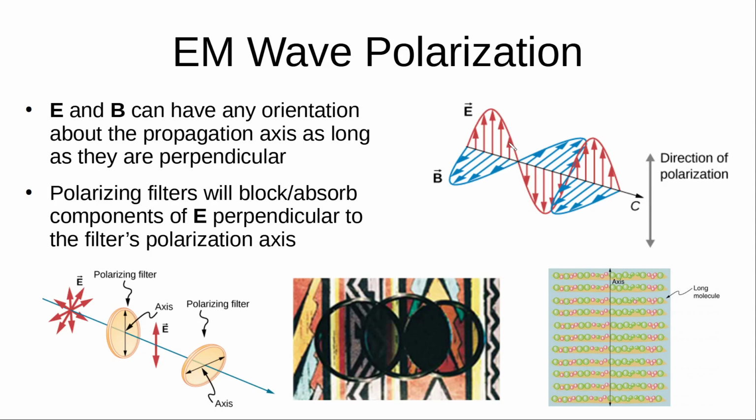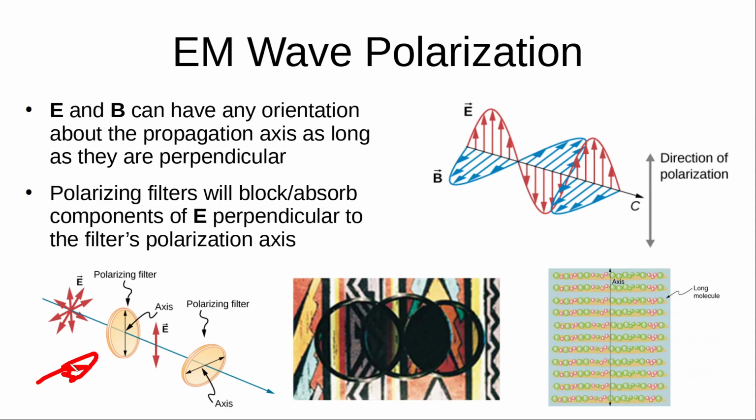So the direction in which the electric field is oriented, we call the polarization direction of the electromagnetic wave. We can actually see that light waves and electromagnetic waves have this property of polarization if we use a polarizing filter, as shown in this diagram here.